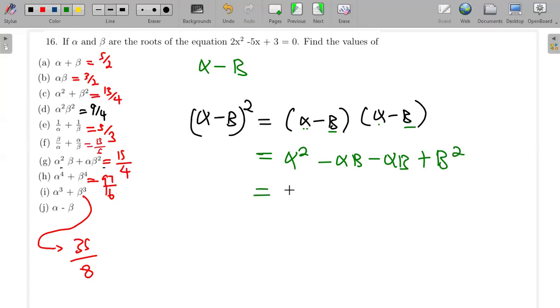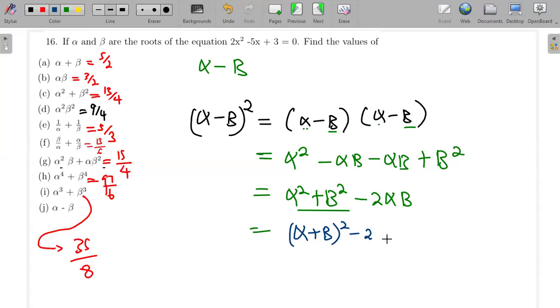So this would be the same as alpha squared plus beta squared minus 2 alpha beta. But we know the identity for alpha squared plus beta squared. So this part here is actually the same as alpha plus beta squared minus 2 alpha beta. So this whole thing here is just the identity for this part. And then I have another one which is minus 2 alpha beta.